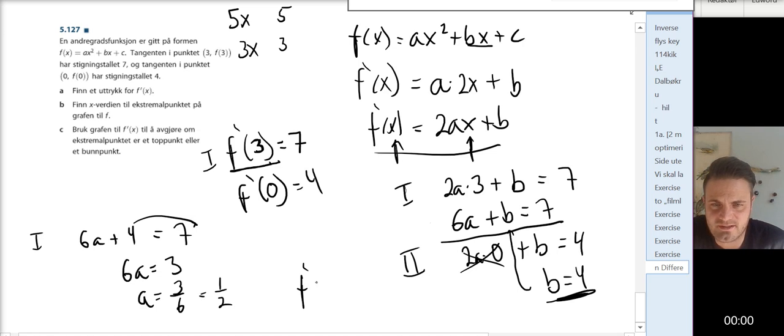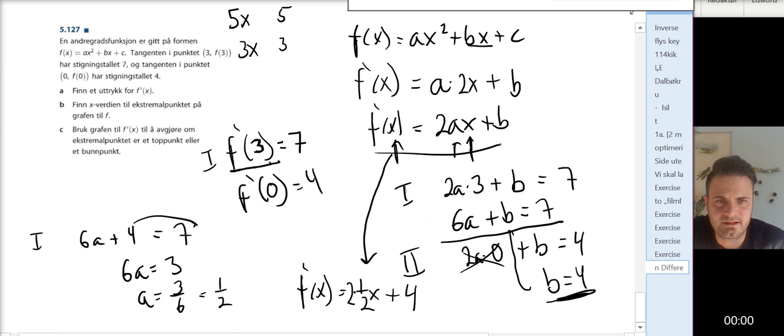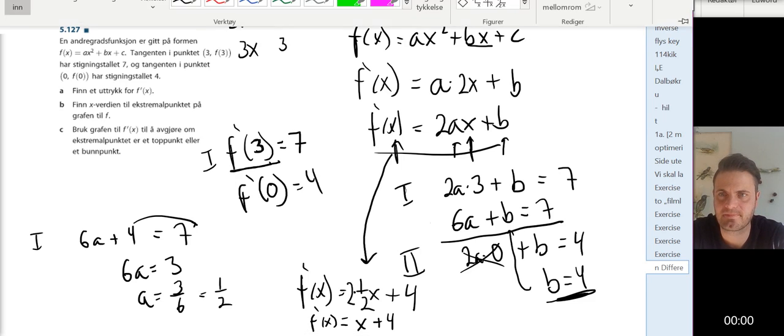So the answer here is that the derivative is 2 times 1/2 times x plus b, right? There we go. Put in a here and b here. So I get 2 times 1/2, which is 1, so I get 1x plus 4. That is the derivative. So that was exercise A.